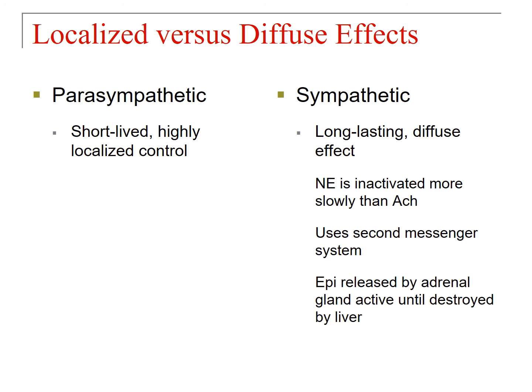In fact, the epinephrine that's released by the adrenal gland is active until it gets destroyed by the liver. And another thing that plays into this response lasting longer is because it uses a second messenger system, but I'm not going to worry about you knowing that this semester. That's more of an endocrine system kind of topic.